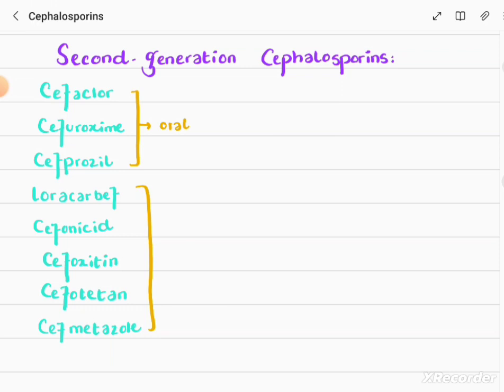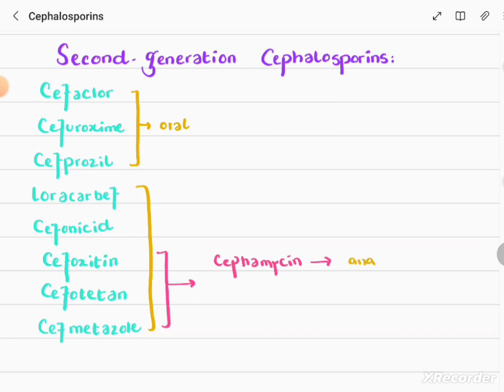Now, from all these drugs, we have these 3 drugs which I have separated here. They are also called cephamycins. Now, what are cephamycins? These are the drugs that have a unique characteristic of anaerobic coverage.